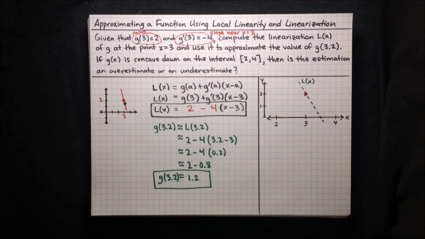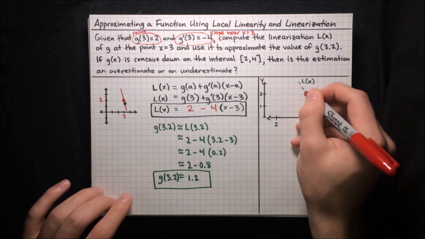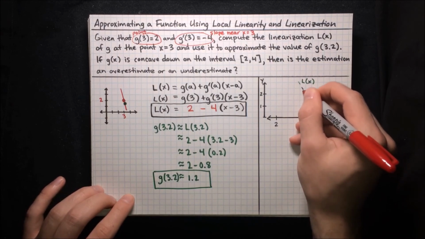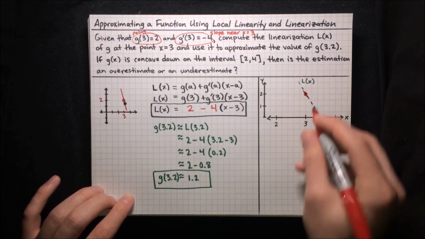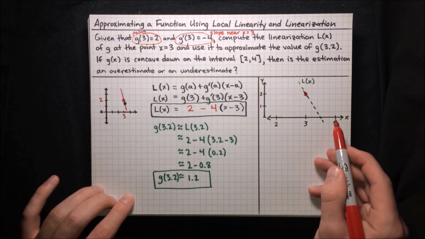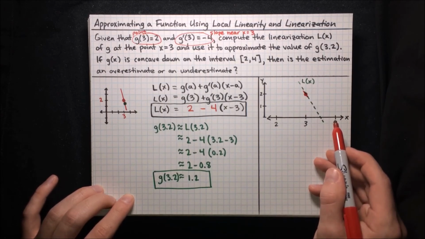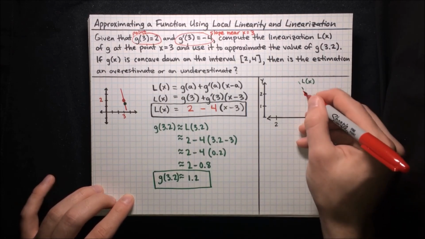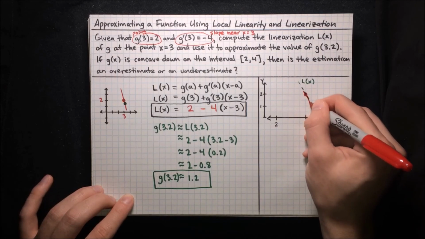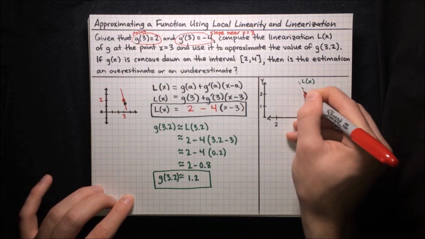And what does the actual function g of x look like here? Well, we know that really close to x equals 3, it looks kind of like the tangent line. But we're told that on this interval from 2 to 4, the function is concave down. So that means it looks almost like a downward parabola. So the function is doing something like this.